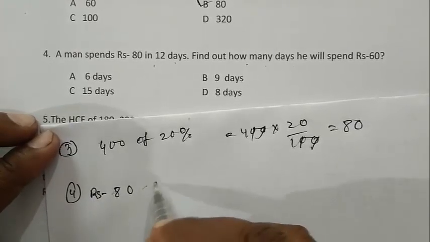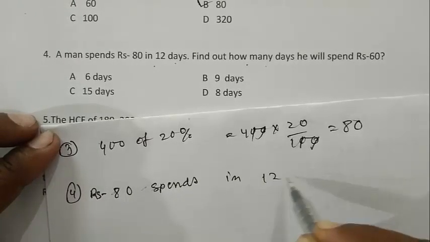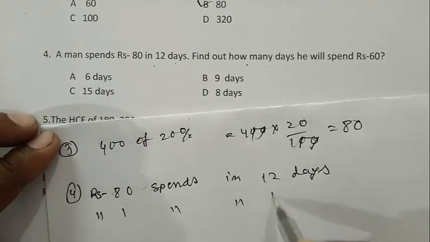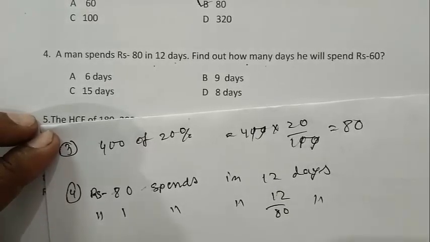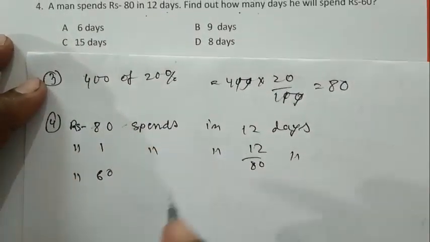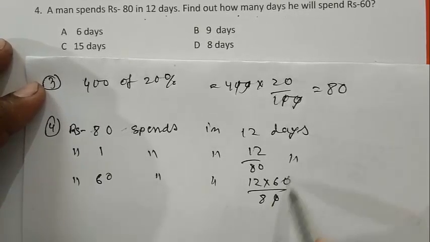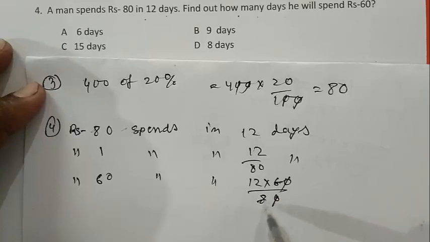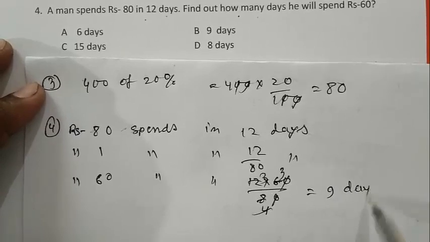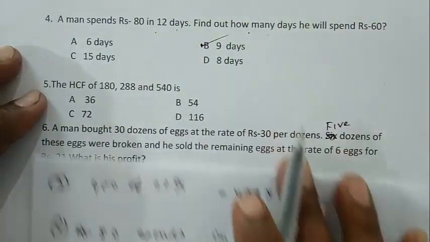Rupees 80 spent in 12 days, rupees 1 spent in 12 by 80 days, rupees 60 spent in 12 into 60 by 80. So 9 days. So the right answer is B, 9 days.